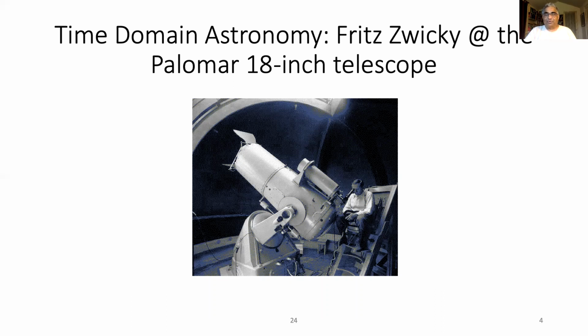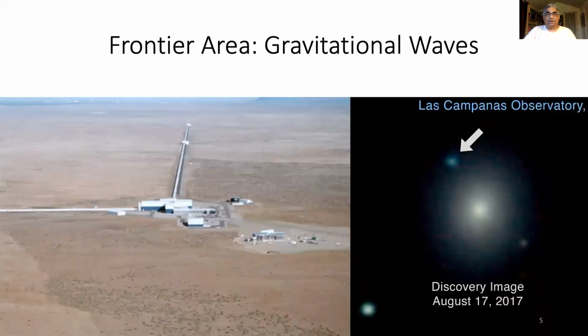We jump forward from the 20s, 30s to the modern times, and the quest to understand the periodic table is still continuing. We all know a frontier area is gravitational wave astronomy, and one of the singular discoveries from the LIGO and Virgo collaboration was the discovery of coalescence of 2 neutron stars, which after they coalesce, they presumably form a black hole, but more importantly, a small amount of debris is ejected, which forms even higher Z elements, that is, elements way up into the periodic table with higher atomic number.